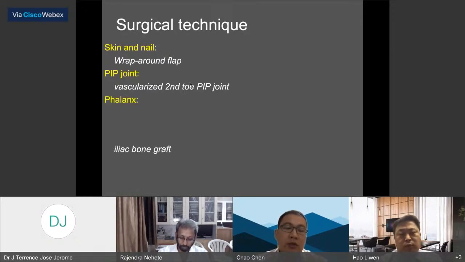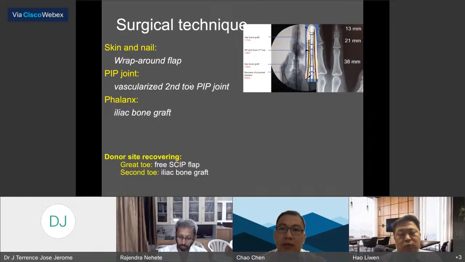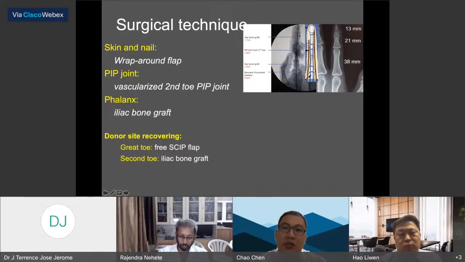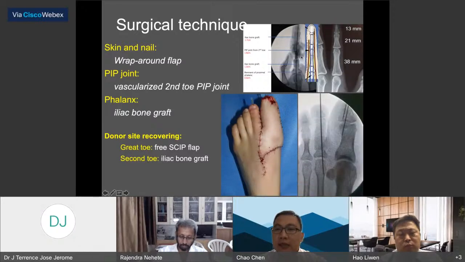And we transfer iliac bone graft to reconstruct the phalangeal defect. And this schematic shows how we assemble a new finger. I will introduce the assembly in a video.